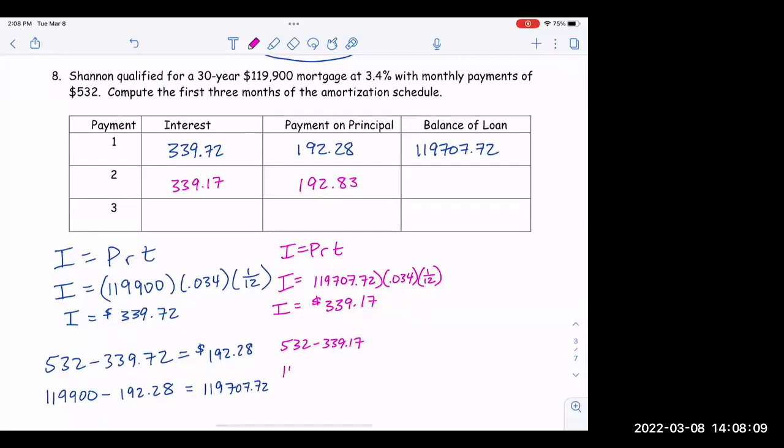And then we would take that previous balance, the $119,707.72, and subtract what we were able to pay down on the principal. So very, very slowly, I should see the balance on my loan go down. Questions on that second line?